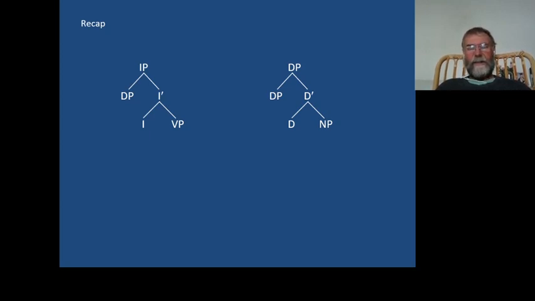The one that is sister to the head and underneath the first projection, the X-bar, is called the complement position. And in IPs, the complement is always a VP. And in DPs, the complement is always an NP.